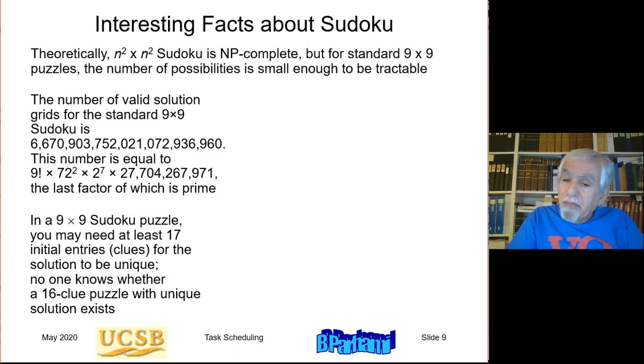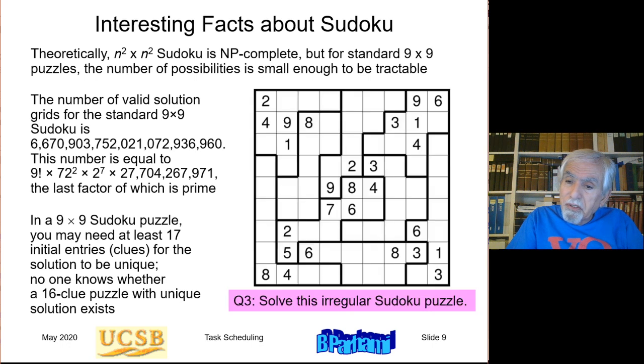As I said, there are many, many variations of Sudoku. Here is one variation in which we still need to have different numbers 1 through 9 in rows and columns, but the regions in which unique numbers should be preserved are not 3 by 3 squares as we had before, but irregularly shaped areas with 9 cells.